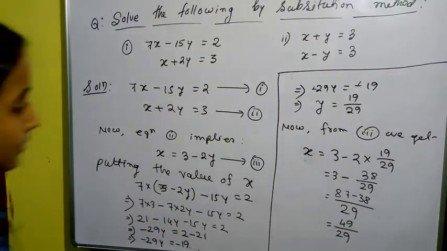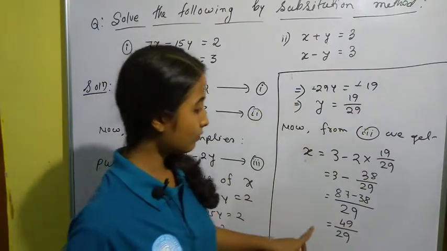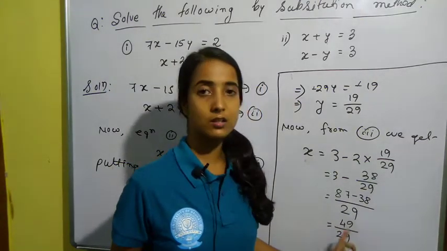So I am getting the value of x is equal to 49 by 29.